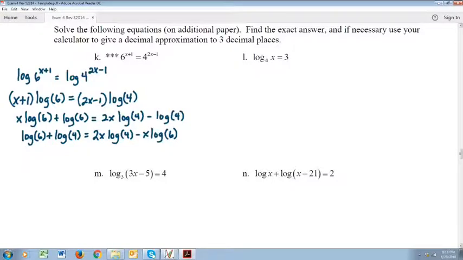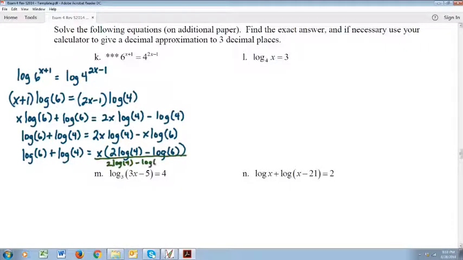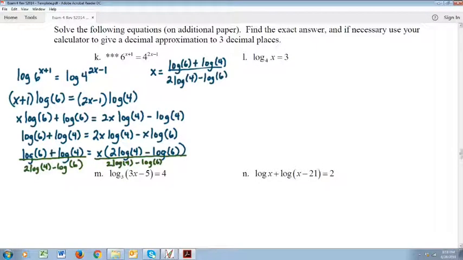So once I've done that, now I can factor out an x on the right side. So I'm going to go ahead and do that. And so finally, to get x by itself, I need to divide by that large expression 2 log of 4 minus log of 6. And so finally, I get log of 6 plus log of 4 divided by 2 log of 4 minus log of 6.